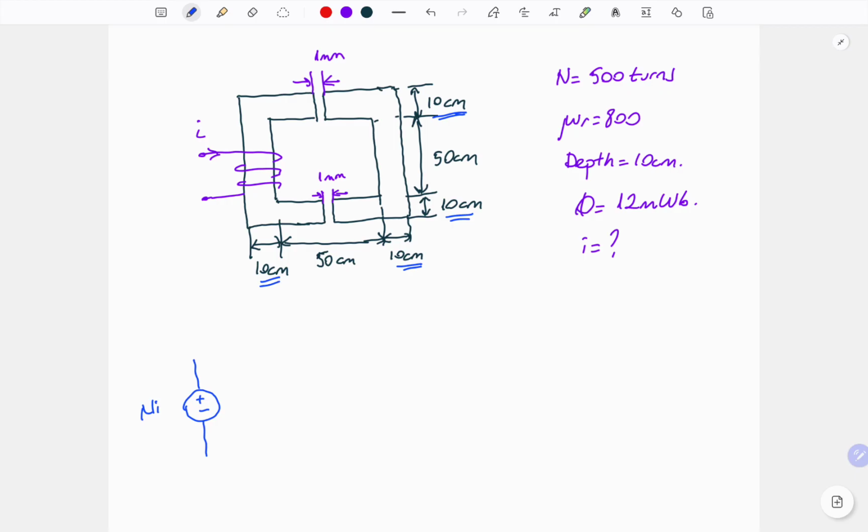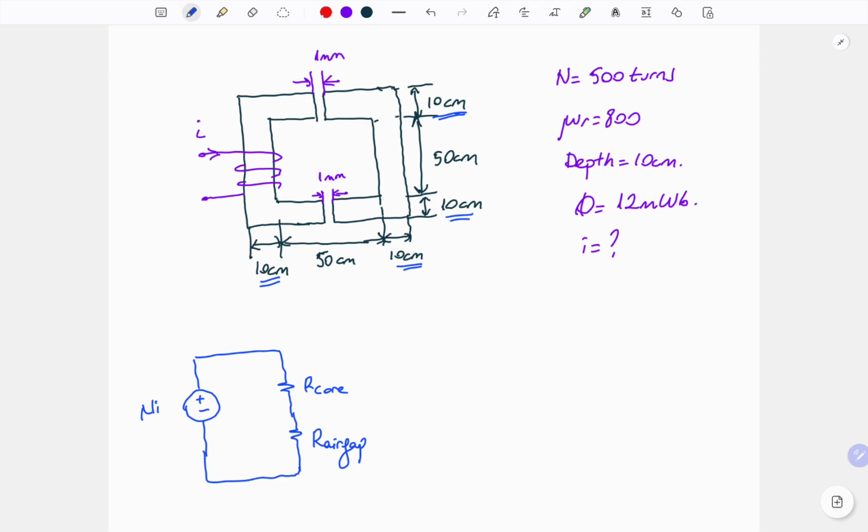Because of this, we don't need to separate any reluctances, so I will use one reluctance to represent the core part. But because of the permeability differences, we have to use one more reluctance to show the air gaps in the figure.